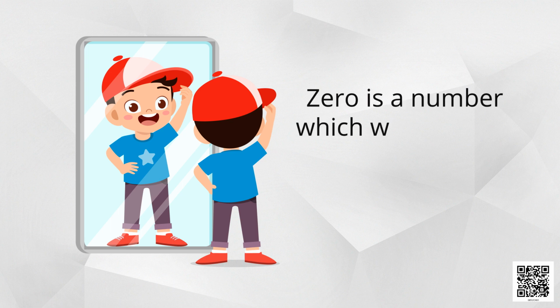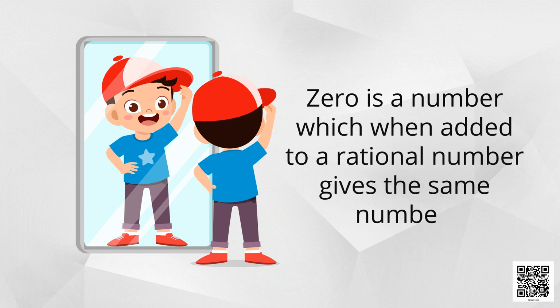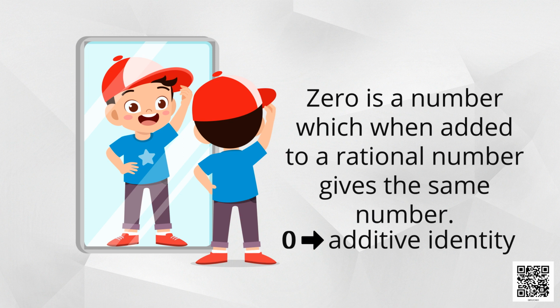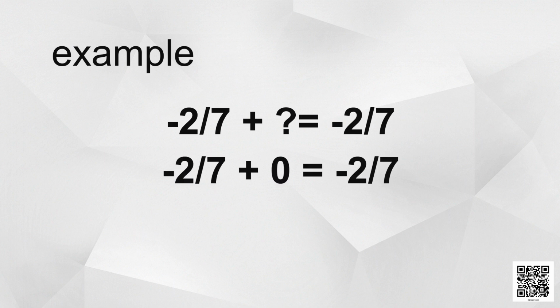0 is a number which when added to a rational number gives the same number. That is why 0 is called additive identity of rational numbers. For example, which number should be added to minus 2 upon 7 to give minus 2 upon 7? There is only one such number, and that is 0.